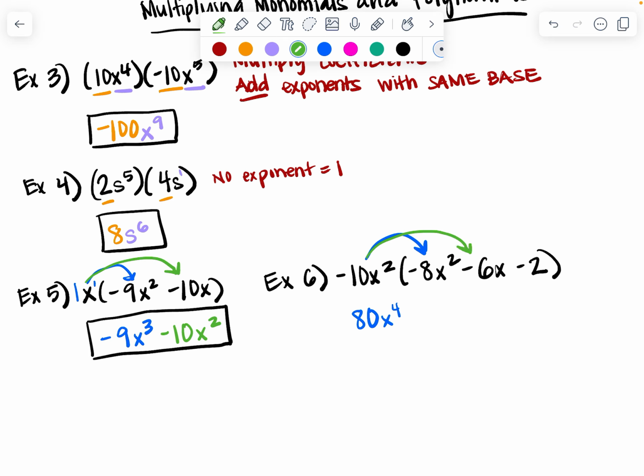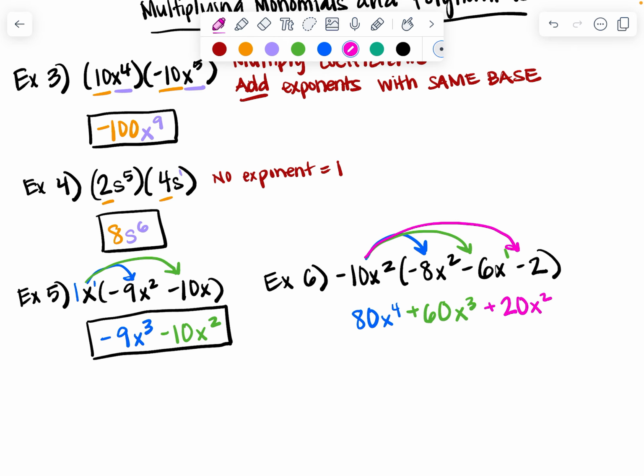Negative 10 times negative 6 is positive 60. Again, don't forget to add this exponent here, so it's x cubed, and negative 10x squared times negative 2 is just positive 20x squared.